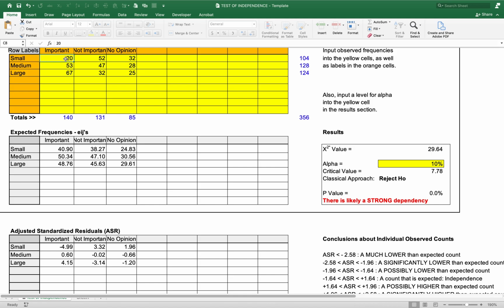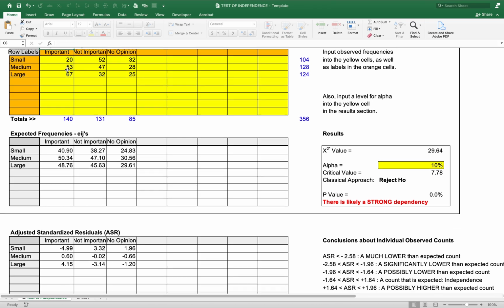This is significantly smaller than we expect. This is significantly larger than we expect. This is significantly larger than we expect. This is significantly smaller than we expect. And that's how you actually describe the relationship here. Okay? So that's the first example I want to show you here.